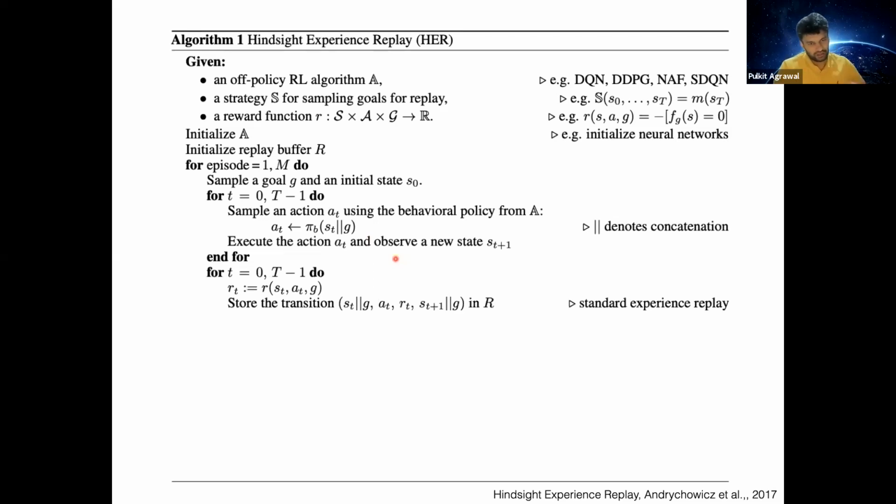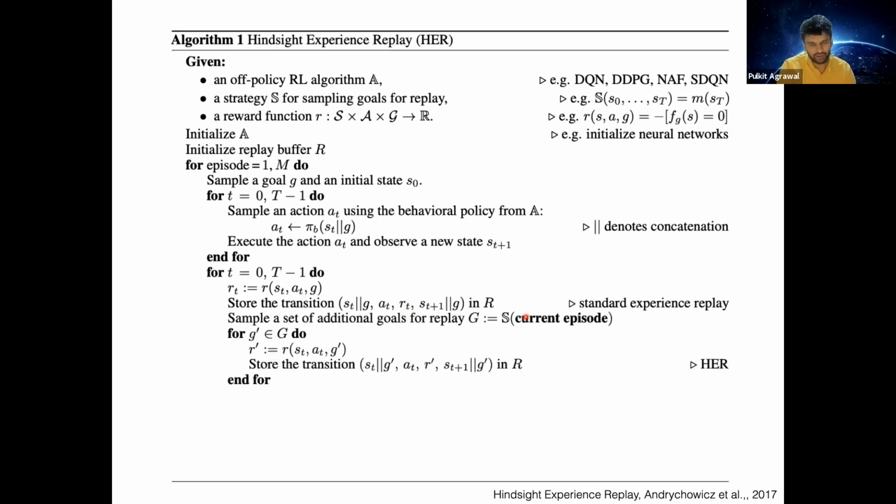Now, as we discussed in off-policy learning, we throw all of our experience in the replay buffer. Then we sample data from the replay buffer and we use it for training, right? Which would be ST concatenated with the goal, RT, and so on. And this RT is going to be 0 for almost all the time steps, right?